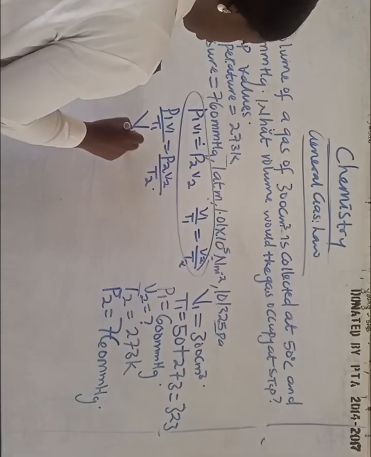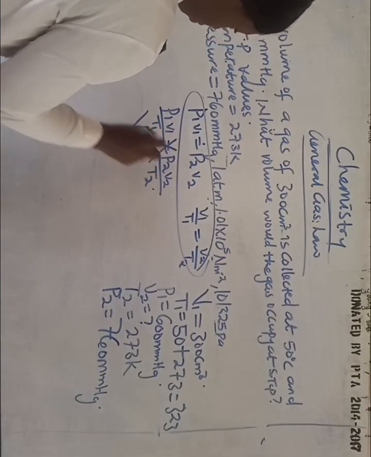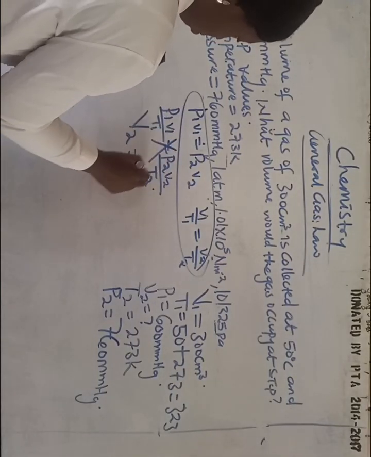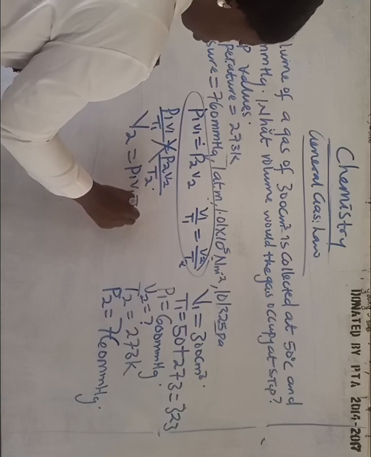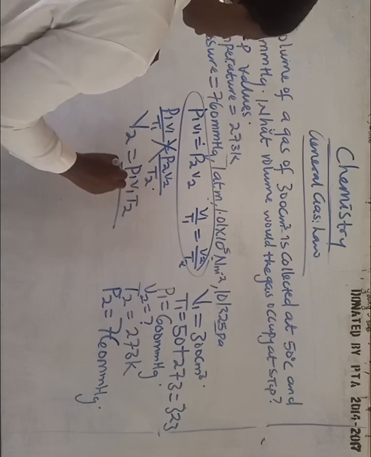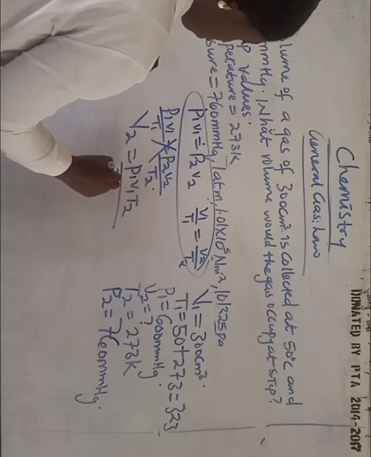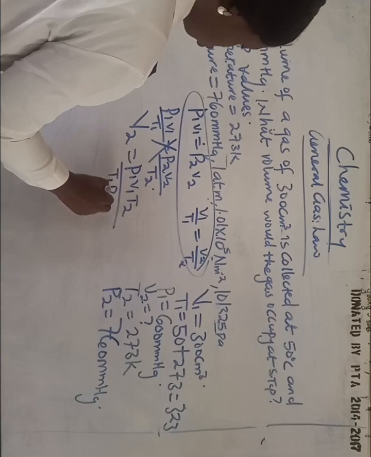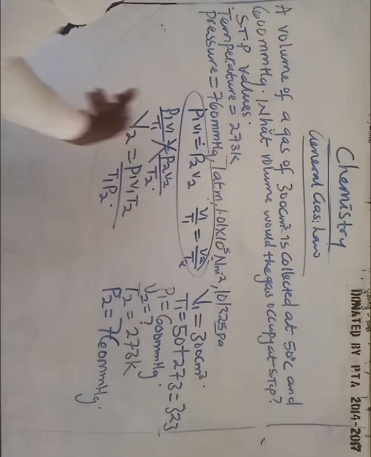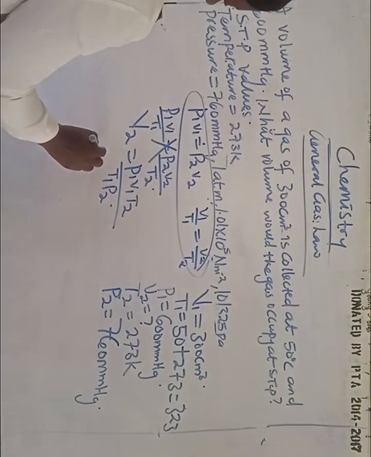So V2 equals, let's cross multiply, P1V1T2 over T1P2. Now let's input our figures.